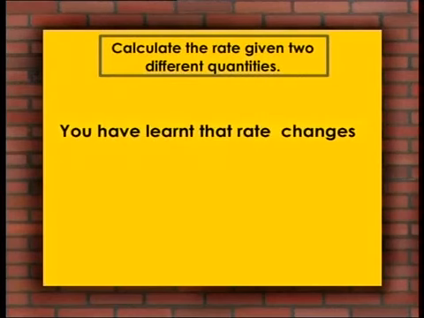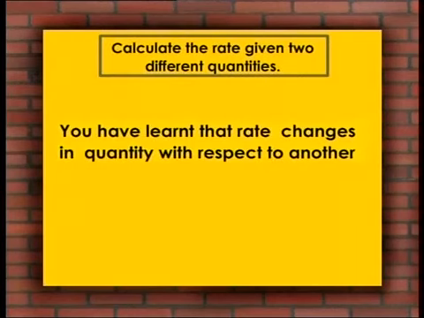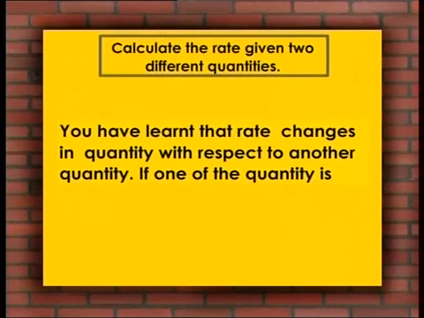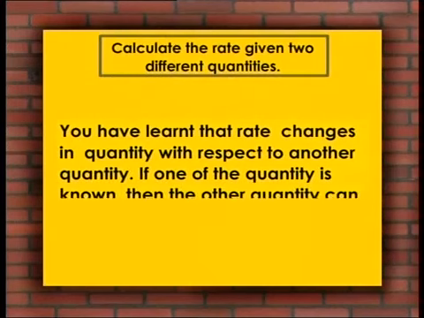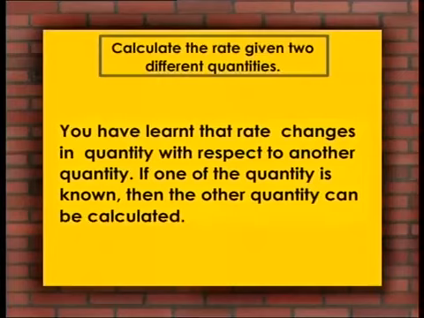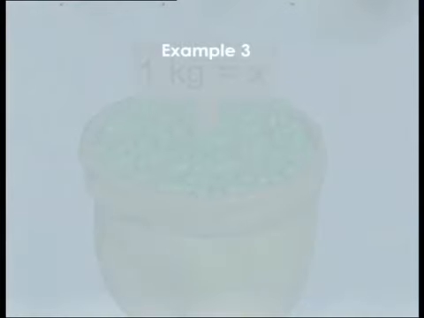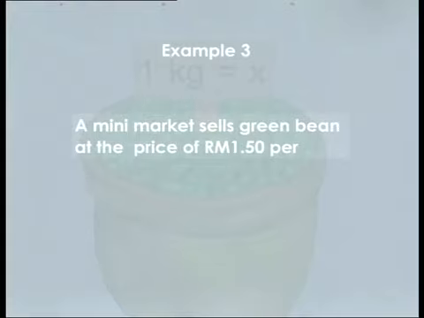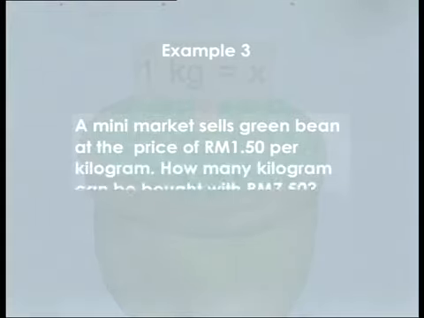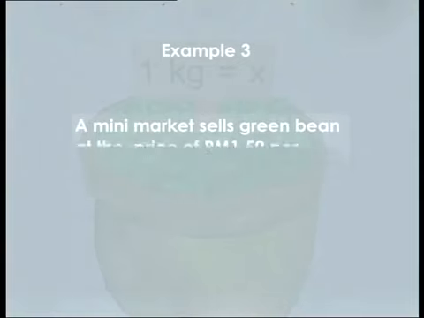You have learnt that rate is the change in quantity with respect to another quantity. If one of the quantities is known, then the other quantity can be calculated. Example 3. A mini market sells green bean at the price of 1 ringgit and 50 cents per kilogram. How many kilograms can be bought with 7 ringgit and 50 cents? Solution.